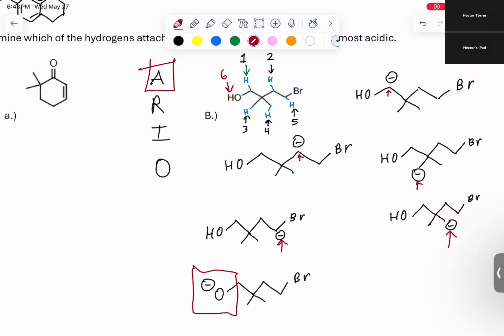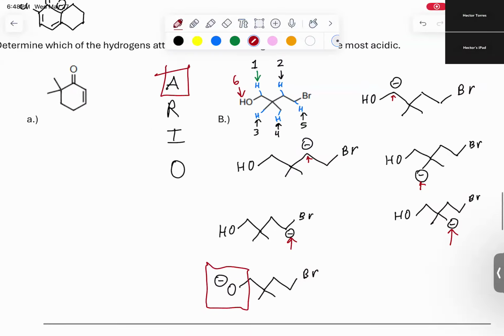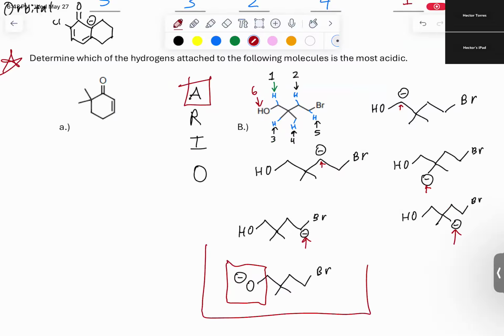So if we look at this, ARIO tells us that this one is going to be our most stable conjugate base. And if it's the most stable conjugate base, that means it's the most acidic. So this one here, most acidic.